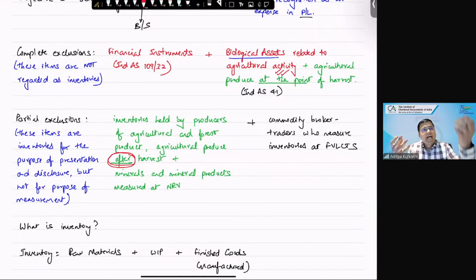Now, each apple that you grow and you pluck, how are you going to assign the cost for that? See, inventory is purchase price plus conversion costs, duties, taxes which are non-creditable, etc. How are you going to attribute the cost for that apple?